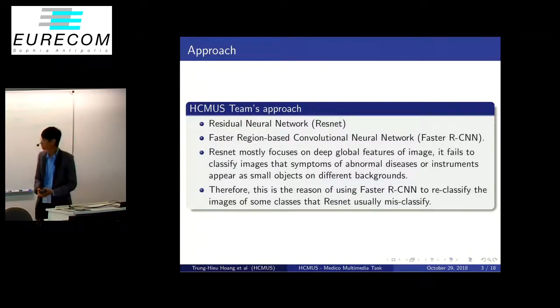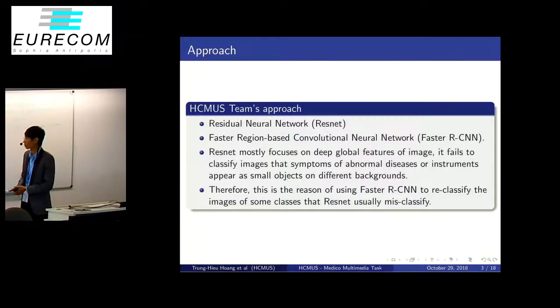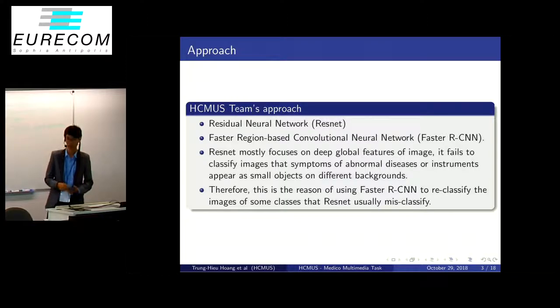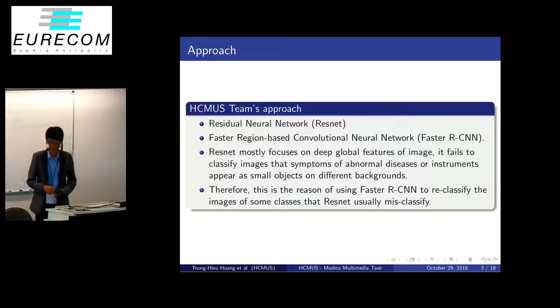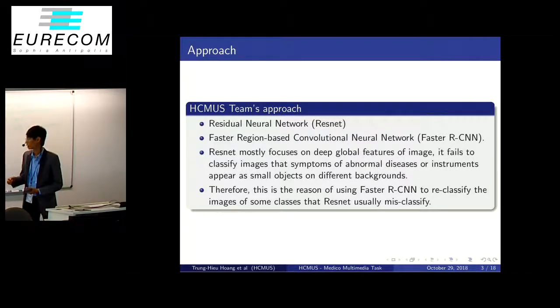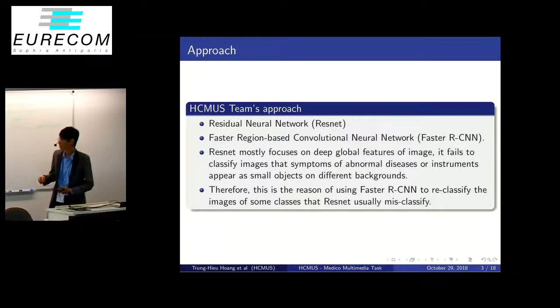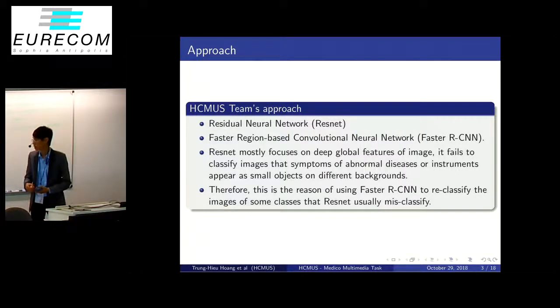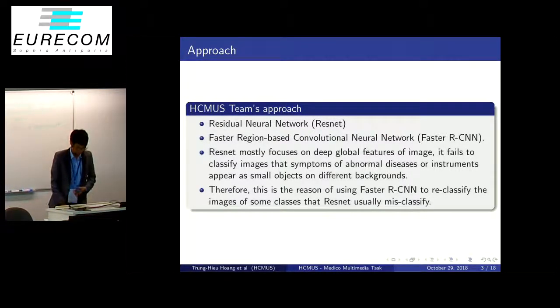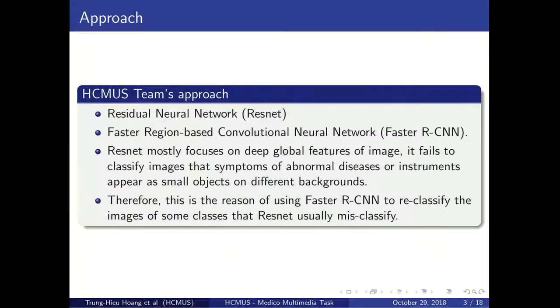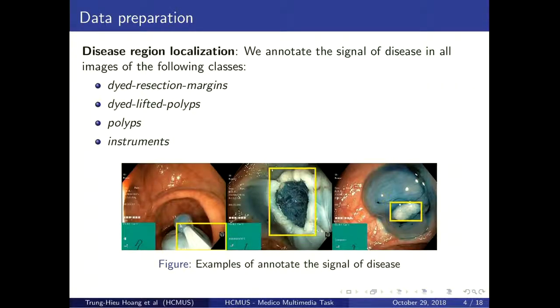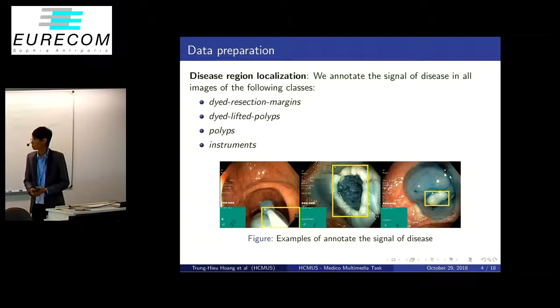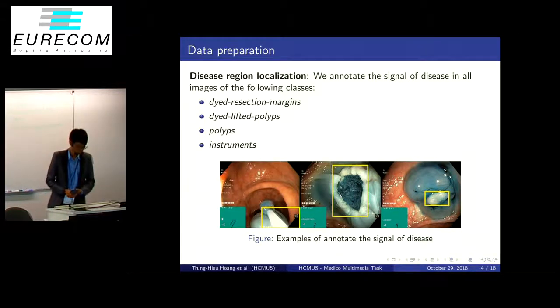So that's why we need the faster region-based convolutional neural network, faster RCNN, to detect these small objects and reclassify the images of those classes that the ResNet usually misclassifies. But in order for the faster RCNN to be trained, we need to manually tag the signal of disease in the following classes.